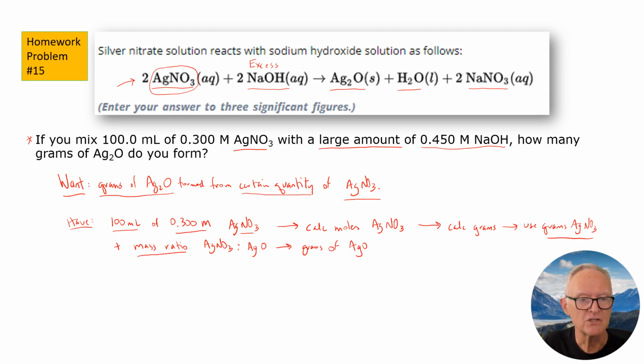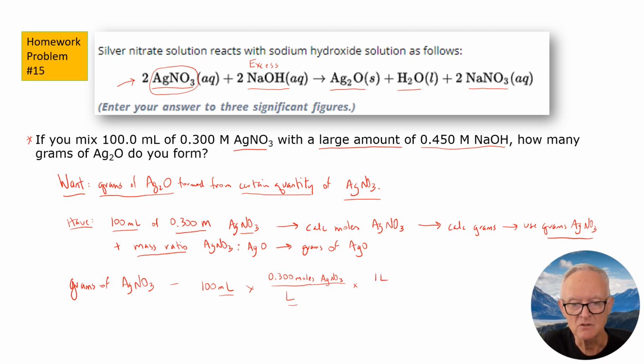So we need to first calculate the grams of silver nitrate. We have 100 mL of a 0.3 molar solution, so we get 0.300 moles per liter of silver nitrate. We have milliliters in one place and liters in the other, so as part of our conversion we've got to convert mL and liters.